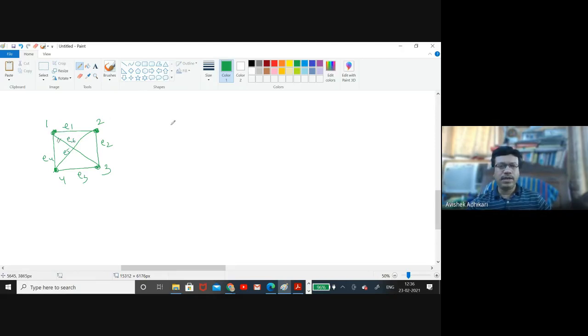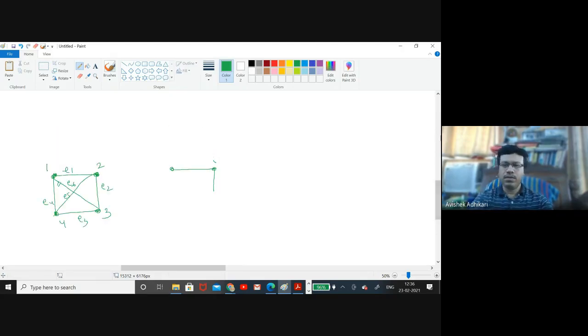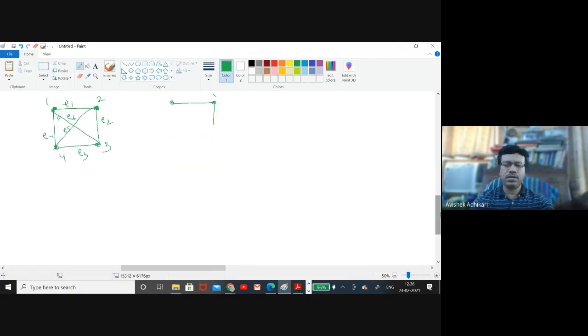Now if I take this, then of course this is a graph. It's a tree as well. So this is a subgraph of this graph with all the vertices and with edges E1, E2, E3.